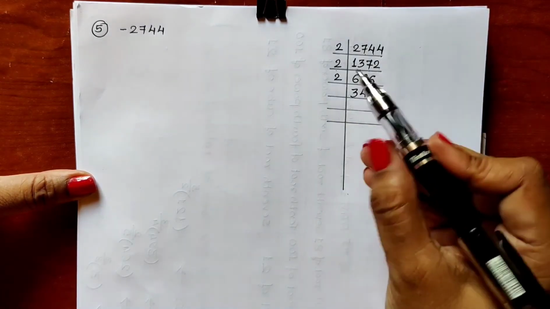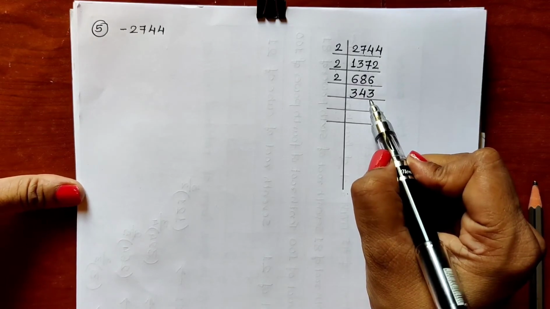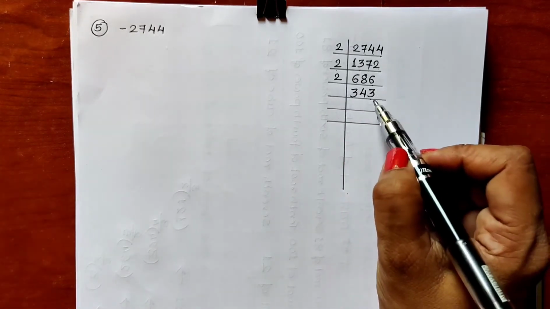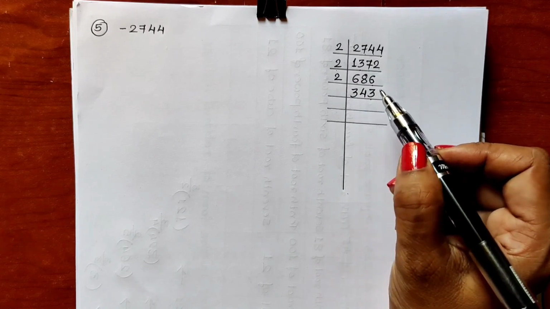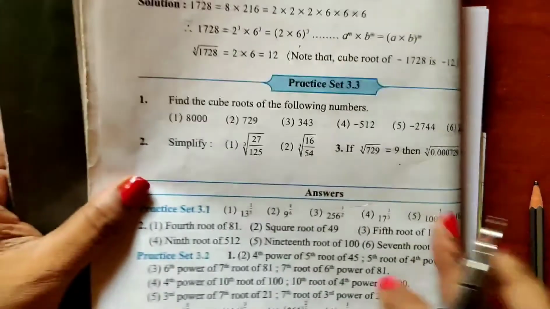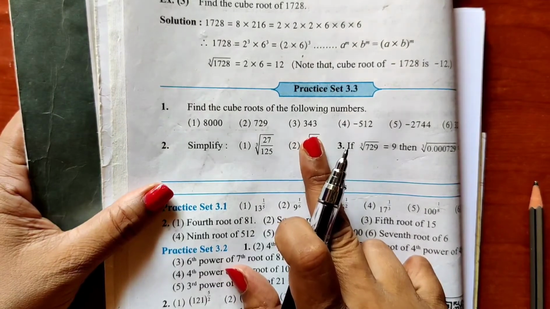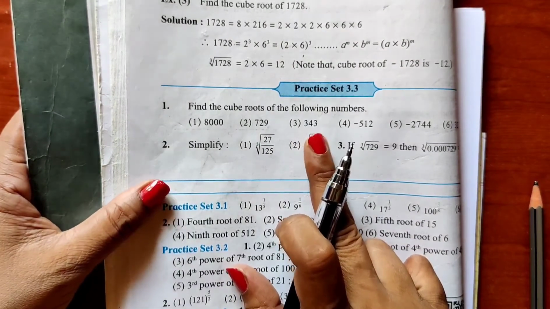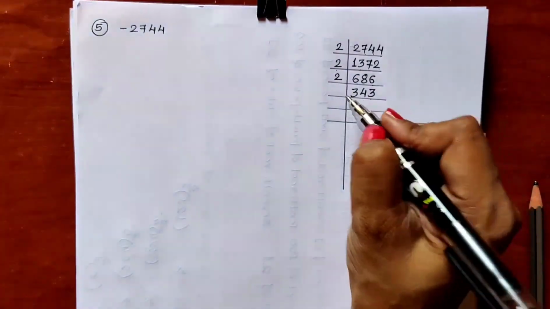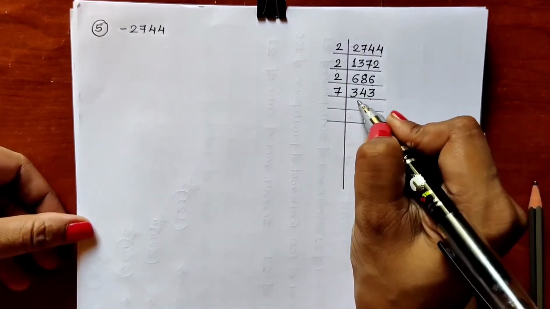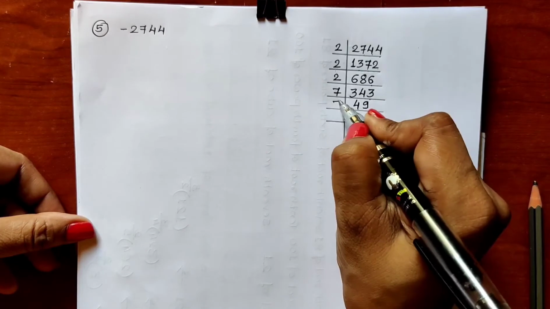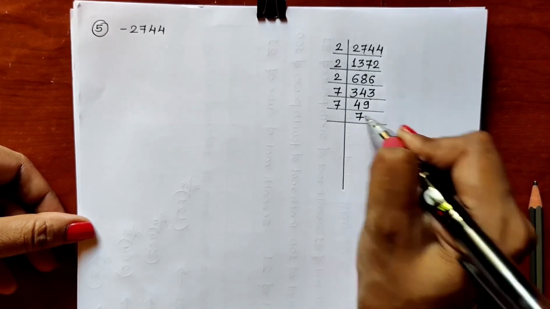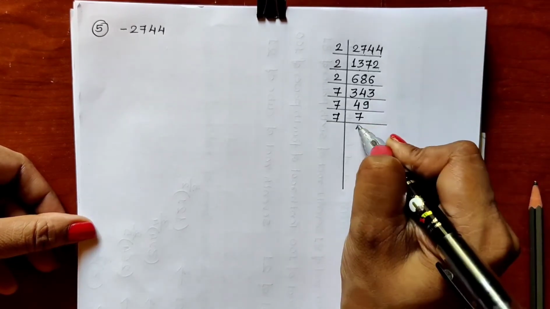Okay children, now see, 3 is in the unit place, that means it is not divisible by 2. It is not divisible by 3, because 3 plus 4 is 7, 7 plus 3 is 10. We have seen in our third sum that 343 is the cube of 7, so it is directly divisible by 7. So we write it as 7, 7 4s are 28, 7 9s are 63, 49 is divisible by 7, 7 7s are 49 and 7 1s are 7.